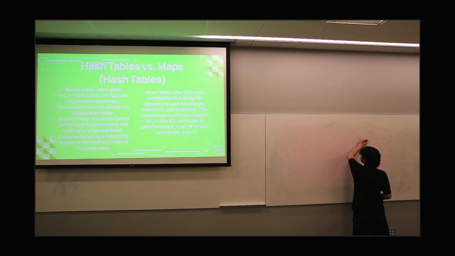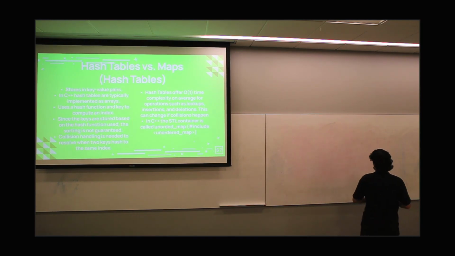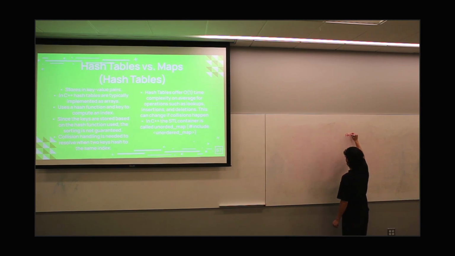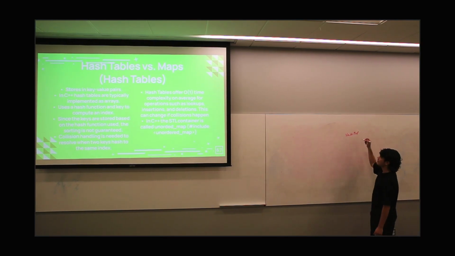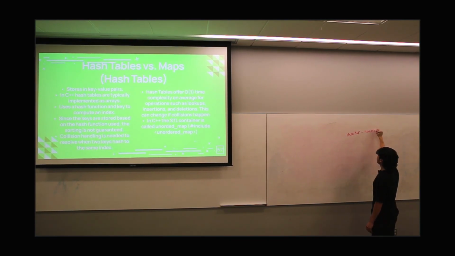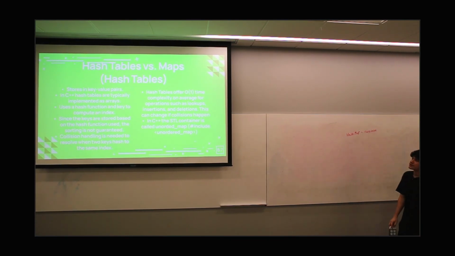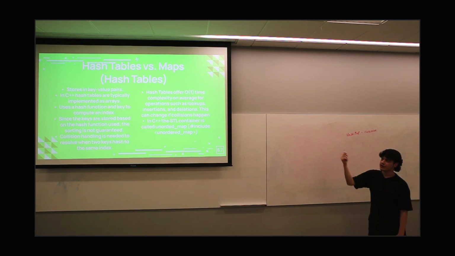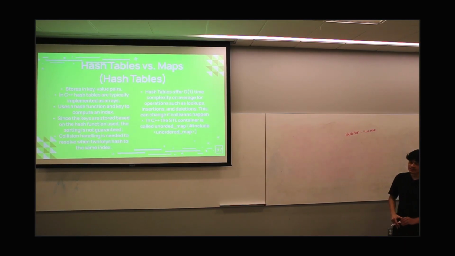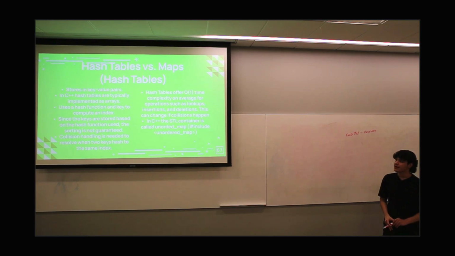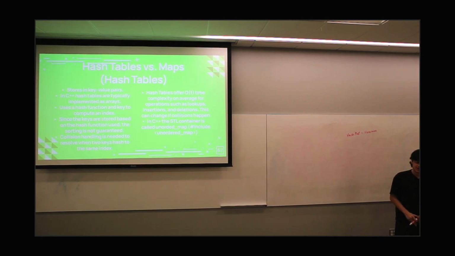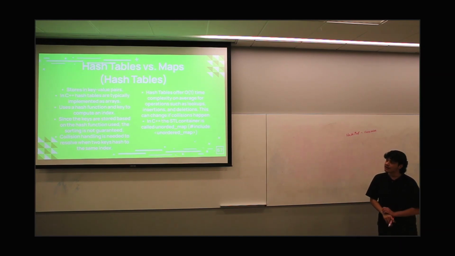If at any point you hear the term hash map, this is equivalent to saying a hash table. Whenever you're using hash tables, they still store data in key-value pairs. In C++, hash tables or hash maps are usually implemented as arrays rather than trees.